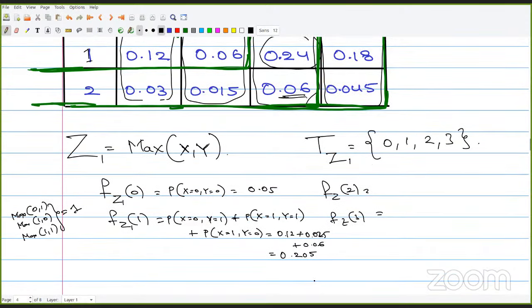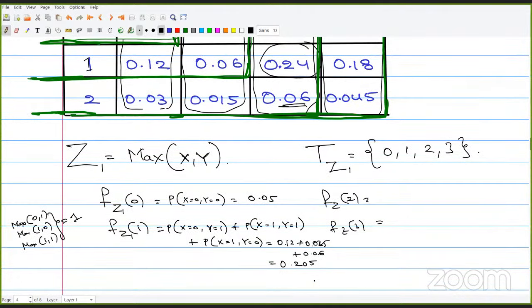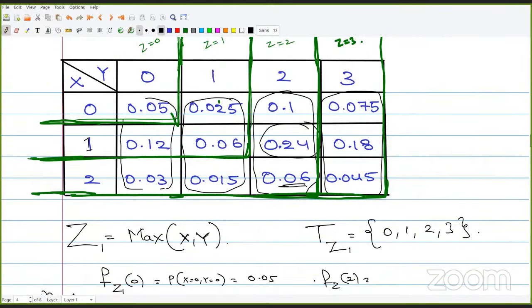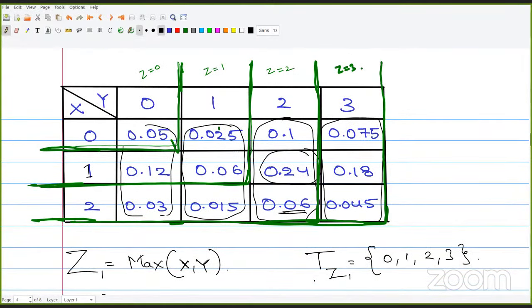So that is why. Okay, 0.205 will be the value of the probability that Z1 takes value 1. And what about Z taking value 2? So how many entries are there? Possible cases are 0 comma 2, max of 1 comma 2, max of 2 comma 0, max of 2 comma 1, max of 2 comma 2.